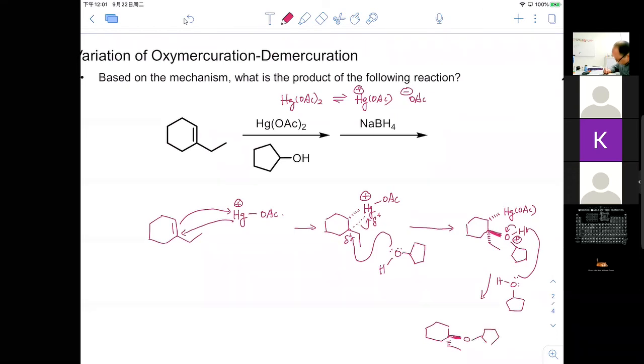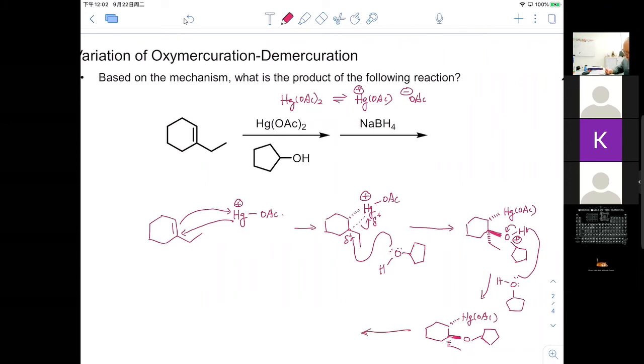But unlike hydration, we have alcohol linked to it. All right, then we have a second, demercuration reaction. And the mechanism is not well understood.